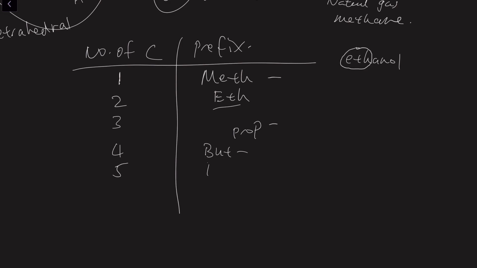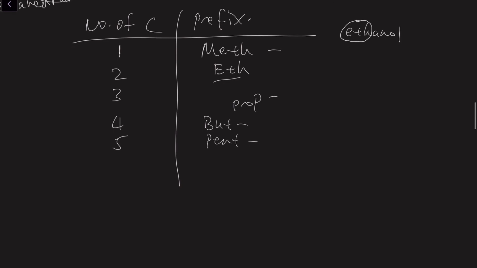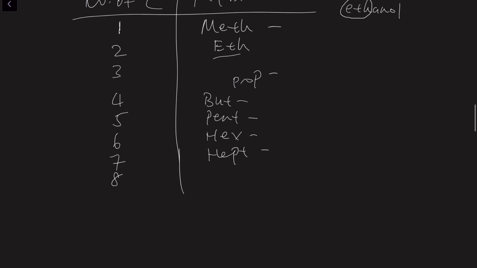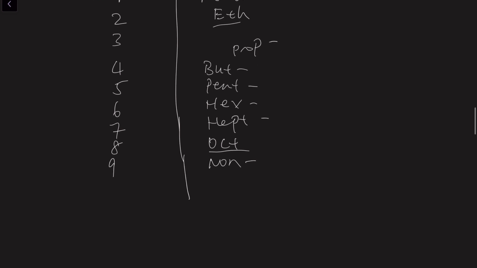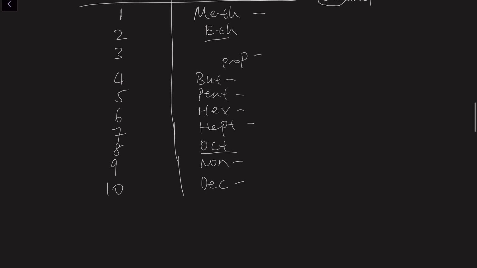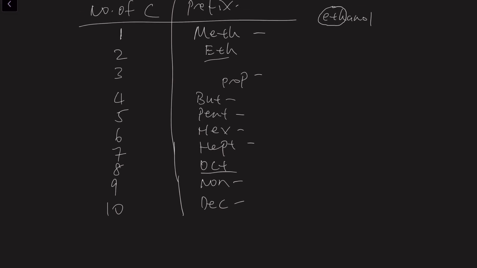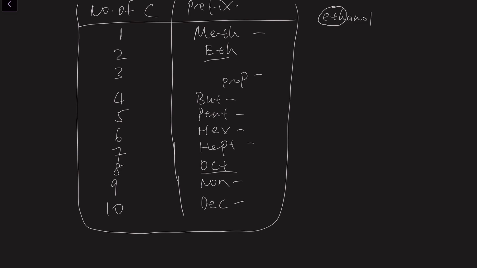5 is called pent. 6 is hex. 7 is hept. 8 is oct, so octane. 9 carbons is non, and 10 carbons is dec. So that's all you need to know for the chemistry exam. You will only ever be asked up to 10 carbons.